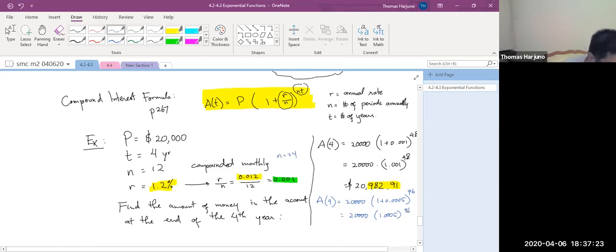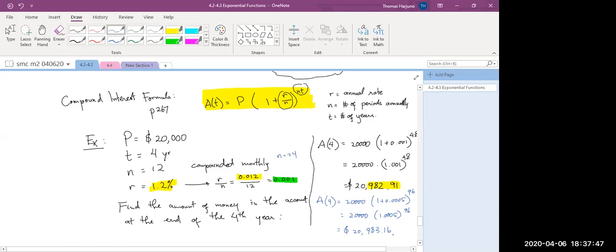So 1.0005 to the power of 96, then multiply that by 20,000. I get $20,983.16. You see that it is increasing.